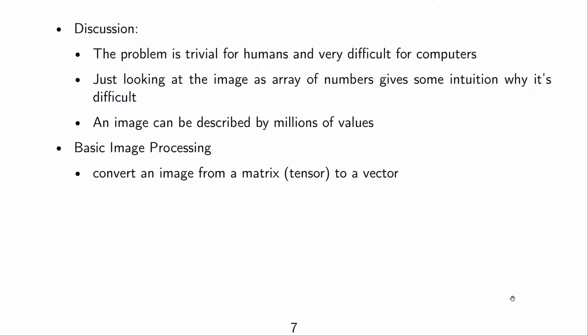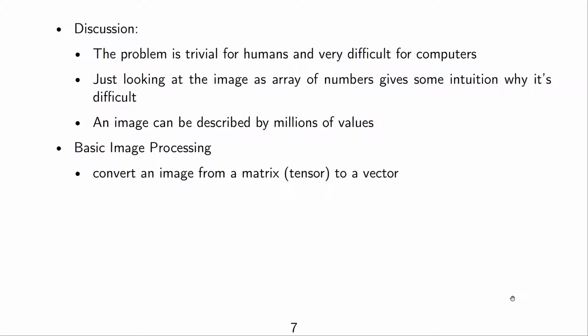Now, as discussion, the problem is trivial for humans and in some sense very difficult for computers. If you just look at the image as an array of numbers, this gives you some intuition why it's so difficult.